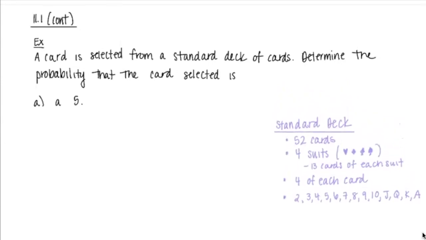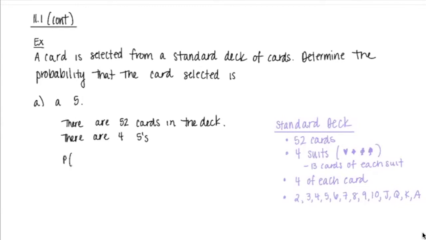In case you need this at any point, this gives you a nice overview of our deck. So if we want the probability of selecting a 5 just randomly out of the deck, there are 52 cards in the deck. There are 4 5s: the 5 of hearts, 5 of diamonds, 5 of clubs, 5 of spades.